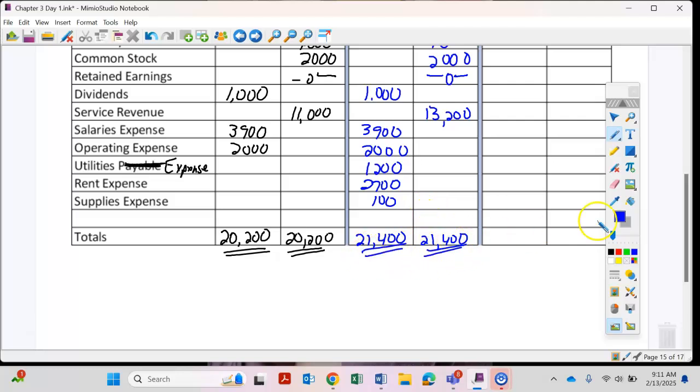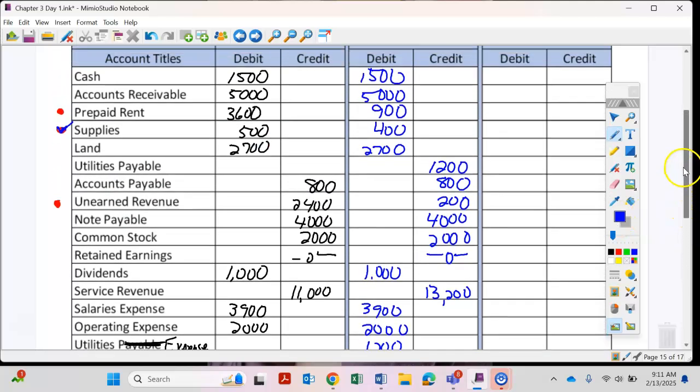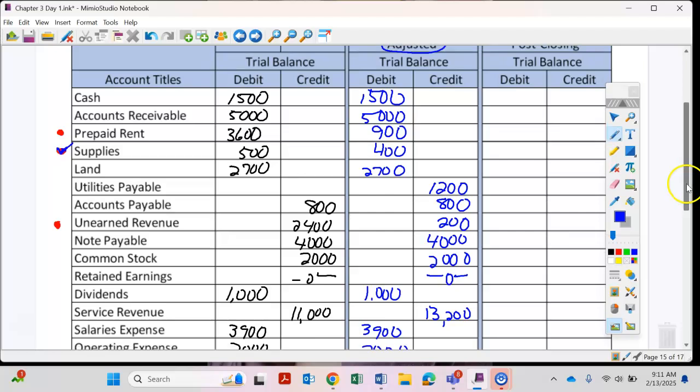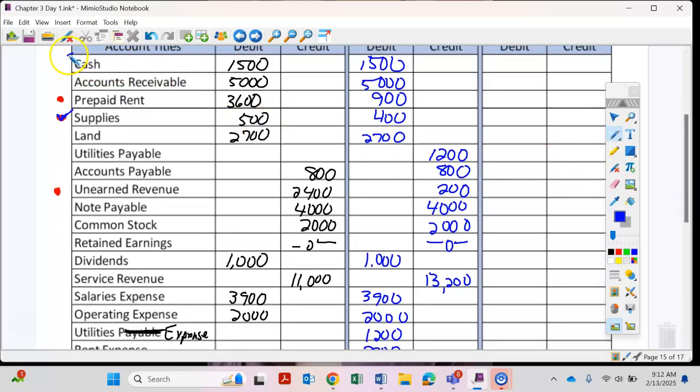Okay, then last thing for today is this is what we will write our financial statements from. So we will prepare our financial statements from these columns. So you can see it's going to be kind of easy. Cash.